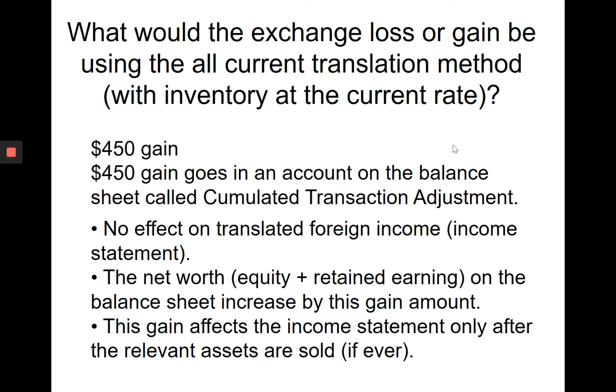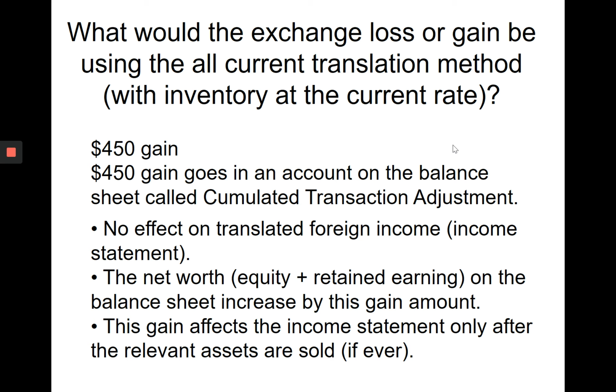gain. The gain, of course, goes to the balance sheet, but stays in a different account, so we can clearly identify it as something that is not due to our operations of making products and selling them, but it's a paper gain because we translated the foreign currency into our home currency.